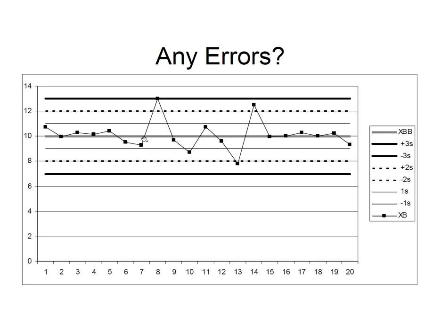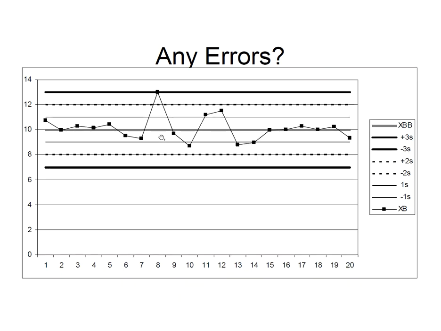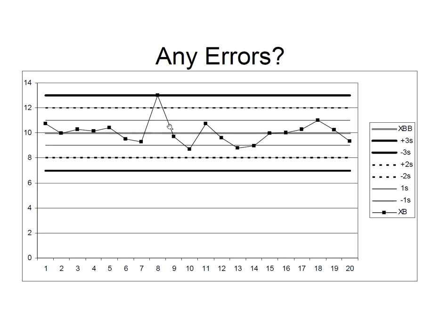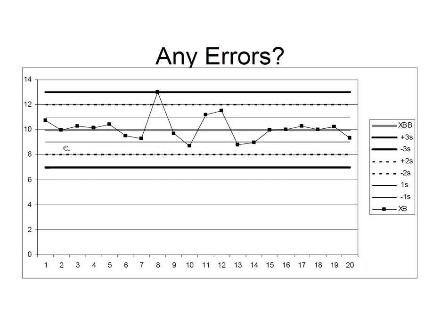But I'm thinking not. 1, 2, 3, 4, 5, 6, 7. No. Anyway, now here, 1, 2, 3, 4, 5, 6, 7, 8, 9, 10. All the data points are within the 1 sigma line.